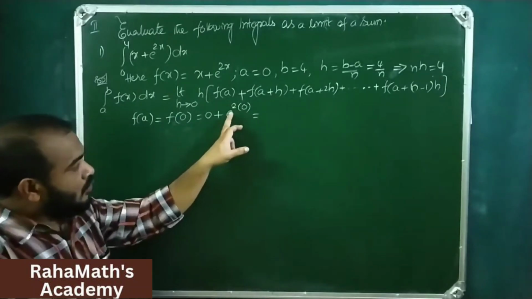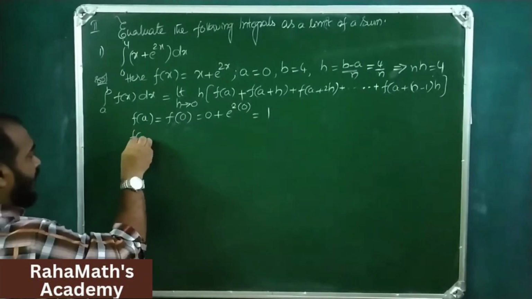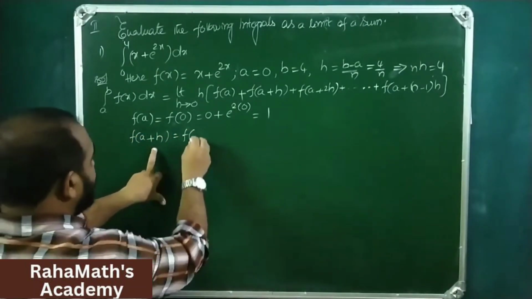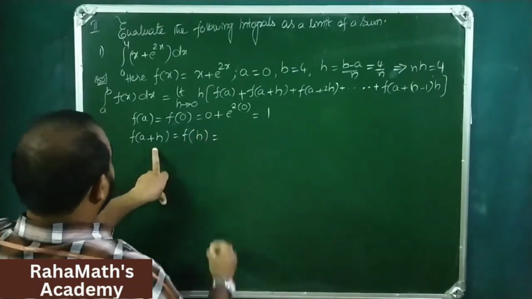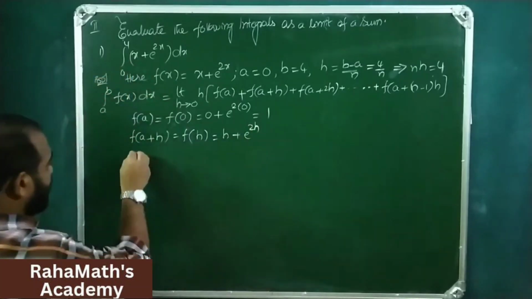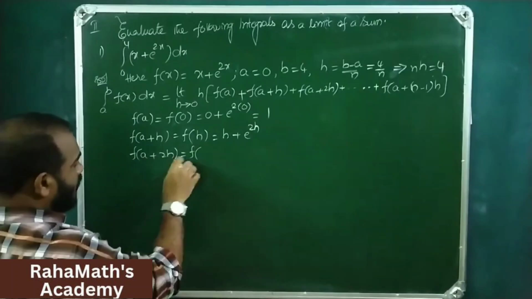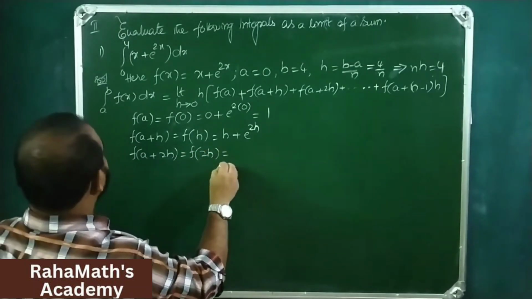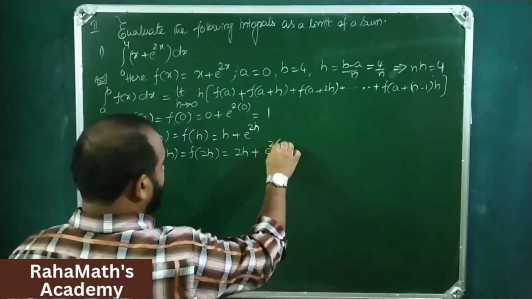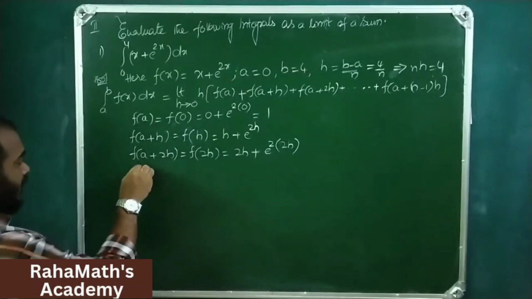So e power 2 into 0 is e power 0, whose value is 1. f of a plus h, f of 0 plus h, equals f of h, which is h plus e power 2h. f of a plus 2h: a value is 0, so 2h. This equals 2h plus e power 2 into 2h, etcetera.